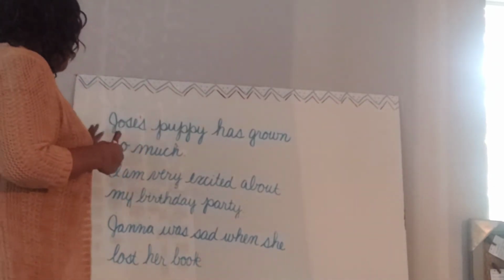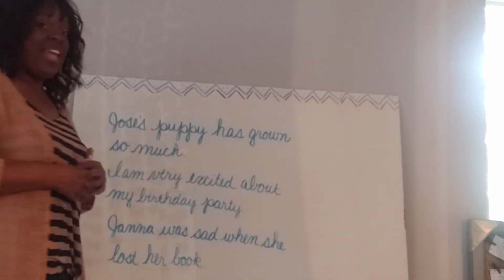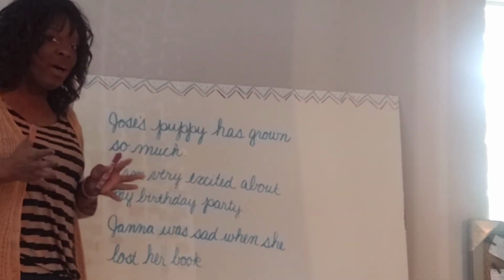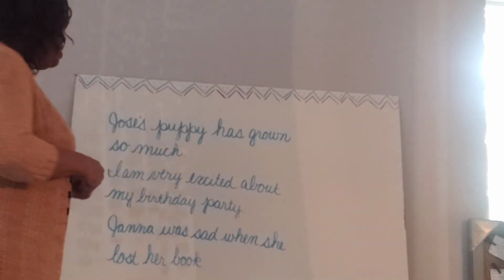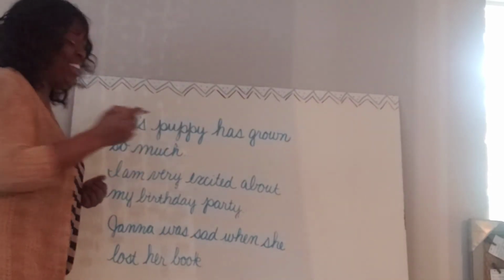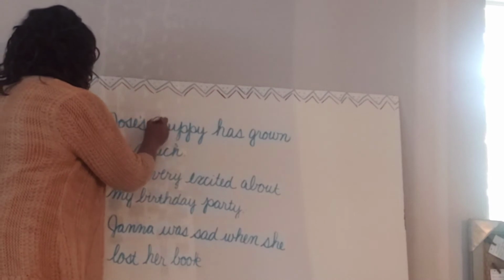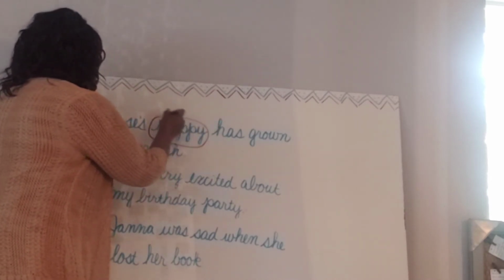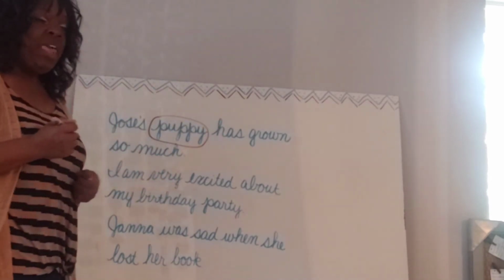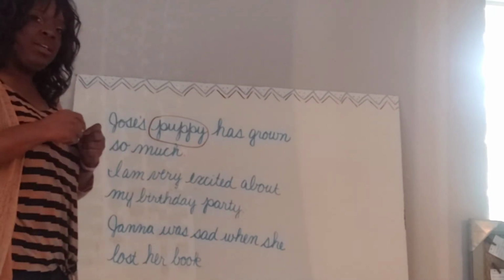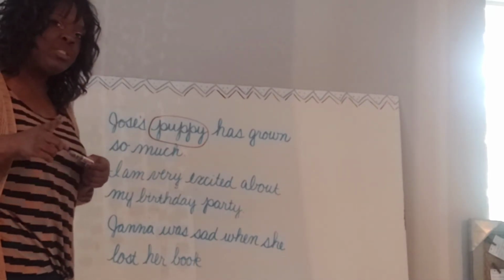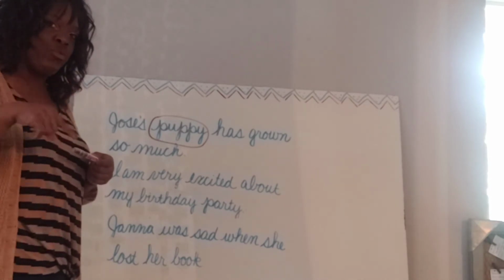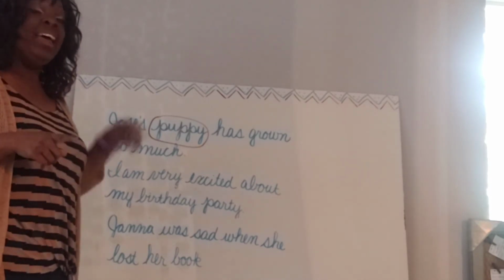So let's look at our first sentence. Jose's puppy has grown so much. And we're going to look, okay, what's our noun in that sentence? Very good. Puppy is our noun in that sentence. So circle puppy. And then we need to ask our question that we are talking about today. Whose puppy has grown so much?